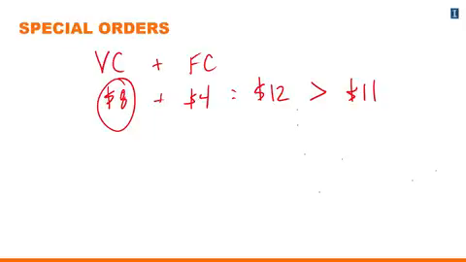So, a more realistic view of the incremental impact of accepting this order and selling Northstar these additional 2,000 grinders is $11 in terms of revenue per unit and $8 in terms of variable cost, the difference being $3 per unit.